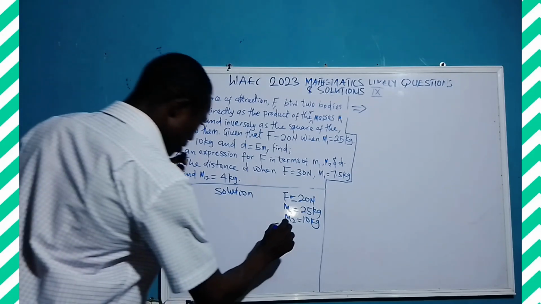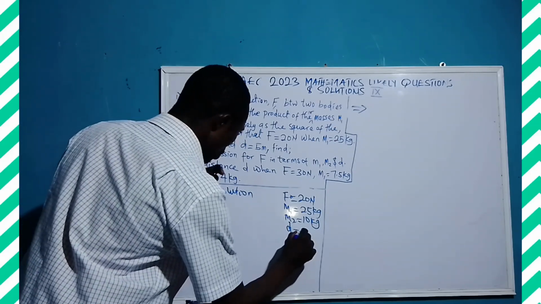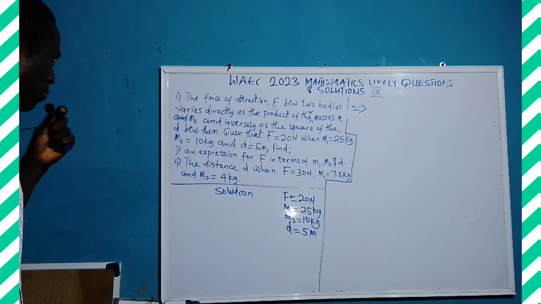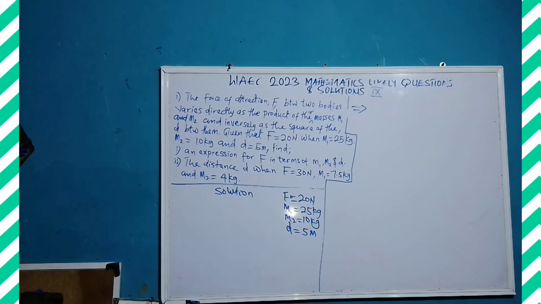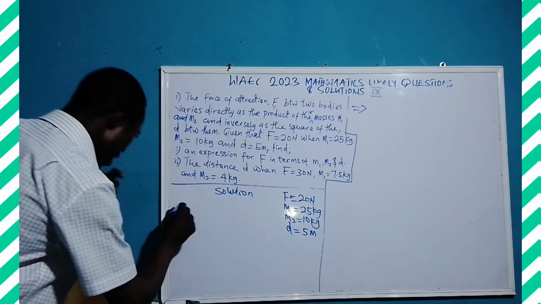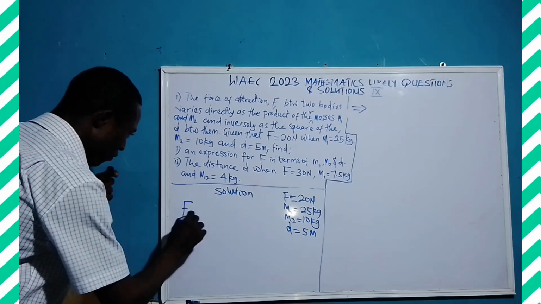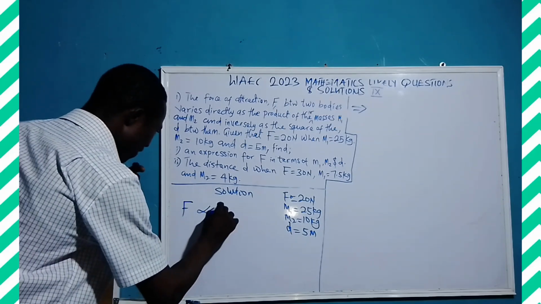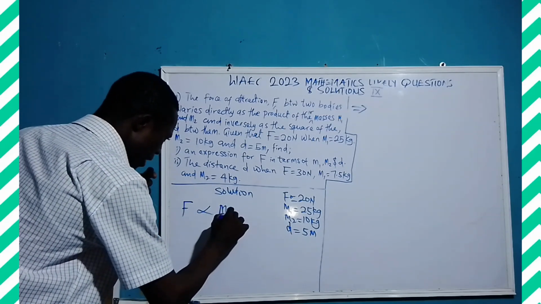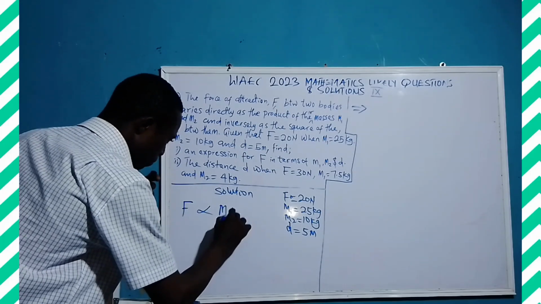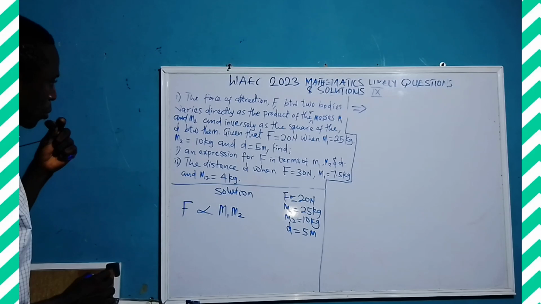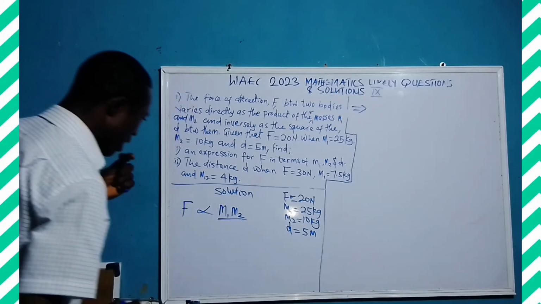Distance D is given to be 5 meter. From the statement of the question, we are told that the force of attraction F is directly proportional to the product of the masses of the two bodies, and it's inversely proportional to the square of the distance between them.